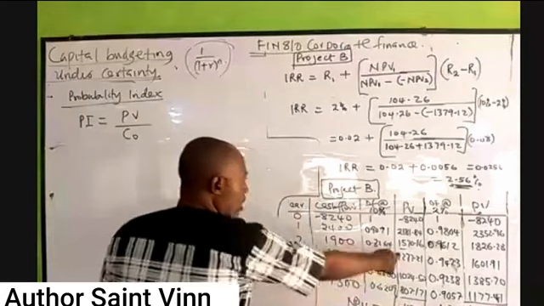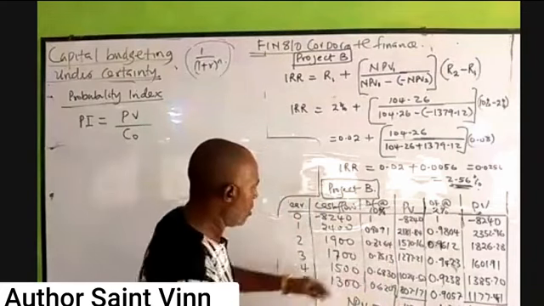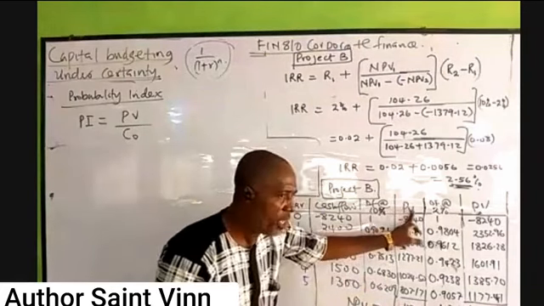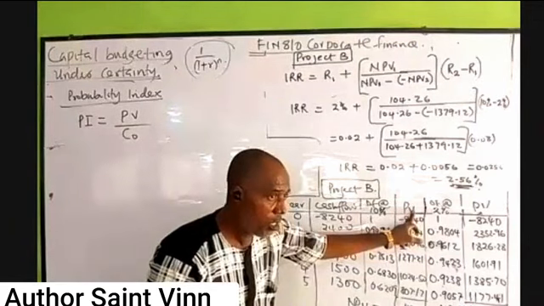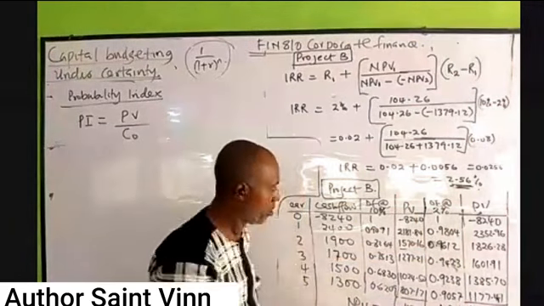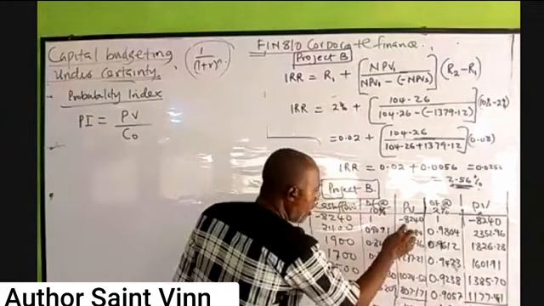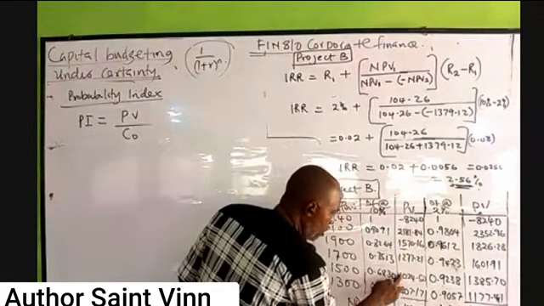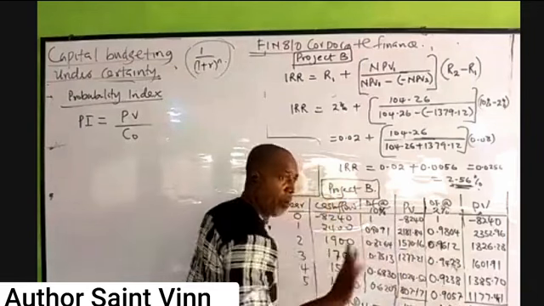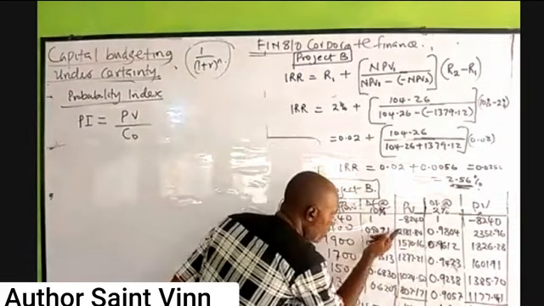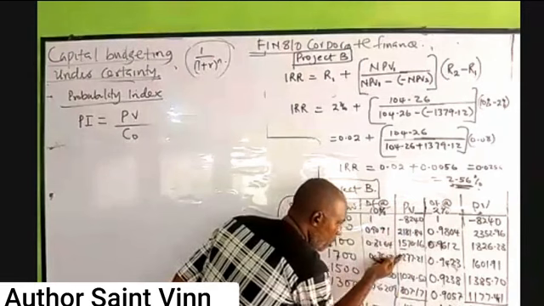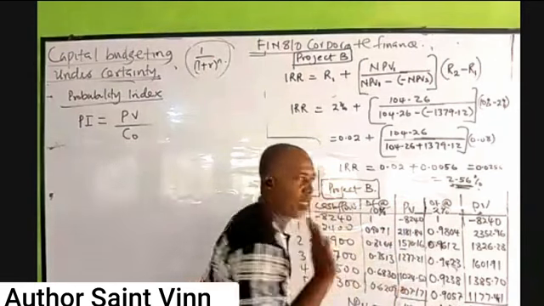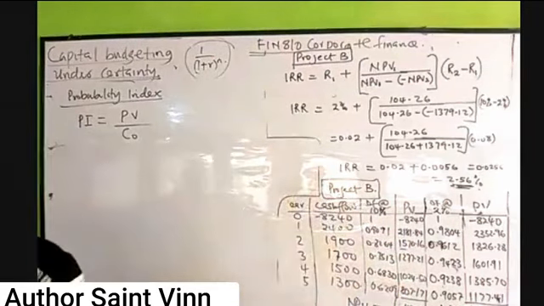This is present value, this is your note already. When we were doing that one, we got this plus this plus this plus this, and we subtracted. But this time around, we're not subtracting. We're just saying this plus this plus this plus this plus this. That's our present value. Is it clear?